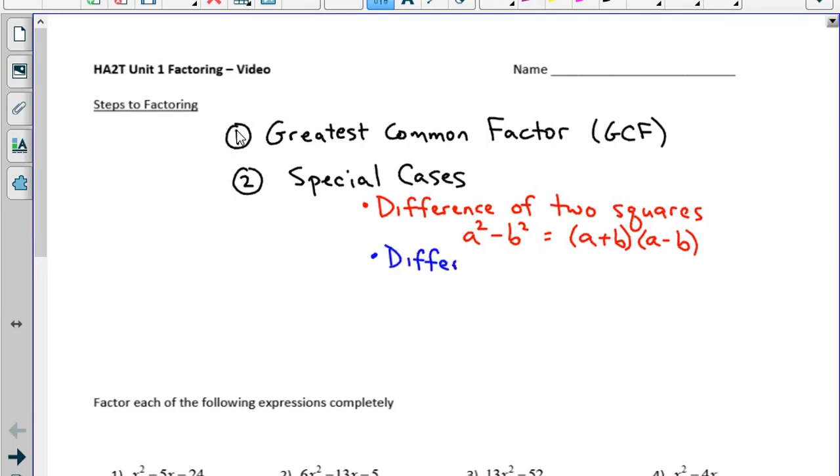The difference of 2 cubes is something we'll do later in the year. I'll write it real quick, but just so you know, you can also do the sum of 2 cubes as well.